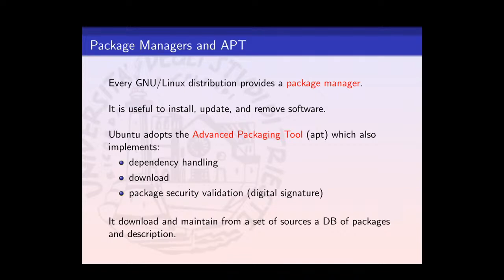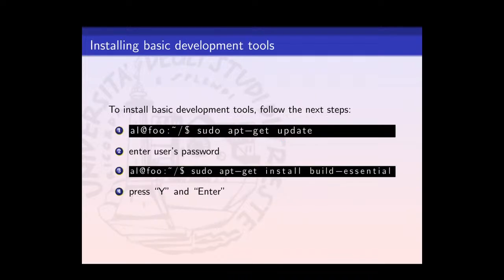So at the end, eventually, you will have all the stuff you need to compile a program on your system. To do it, you simply have to do sudo apt-get install build-essential and press yes, and you end up with all the tools you need to compile something.